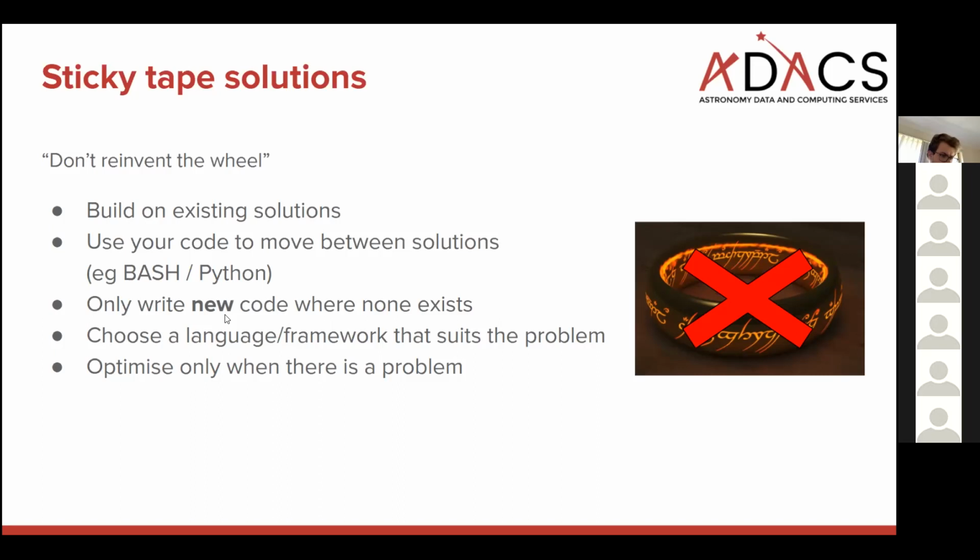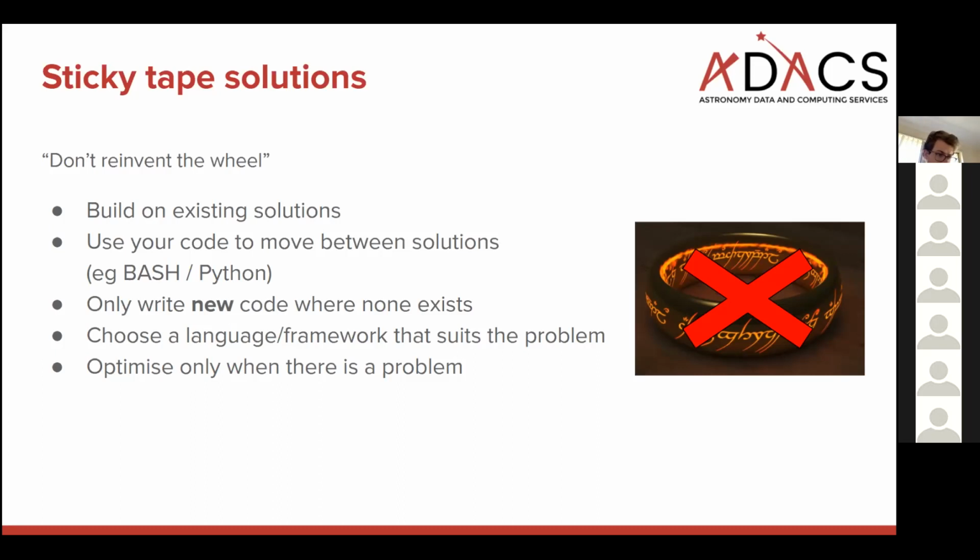One of the best ways to be able to build on existing solutions is that you need to know what solutions exist. And the internet is a huge place. You're not going to be able to, by yourself, find all of the existing solutions. And this is where communities come into play.